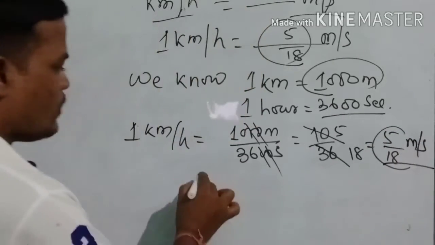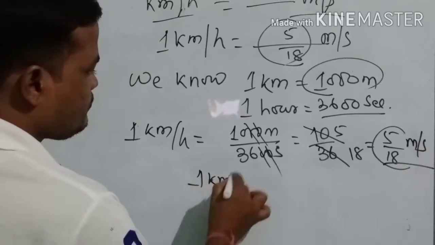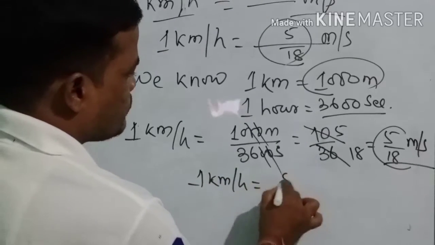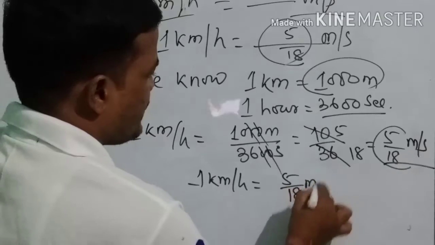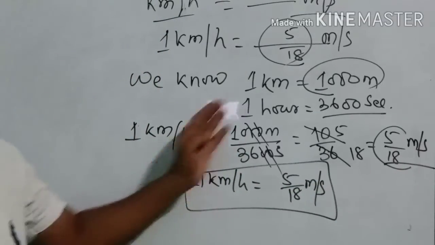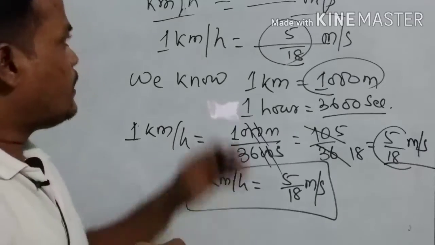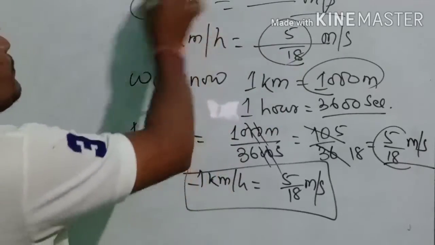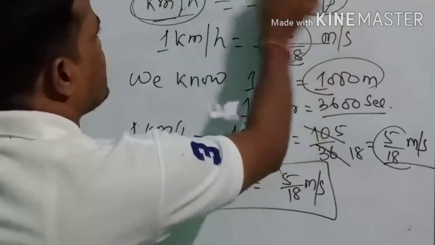Okay, so 1 kilometer per hour is equal to 5/18 meter per second. Is it right? This is how to convert from kilometer per hour to meter per second.